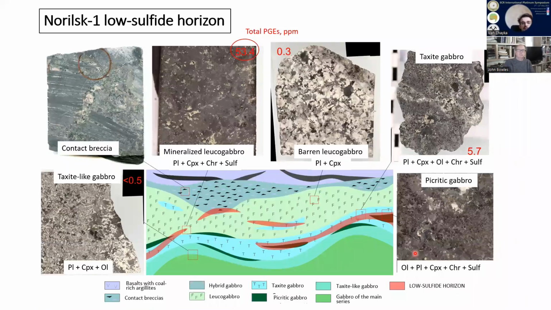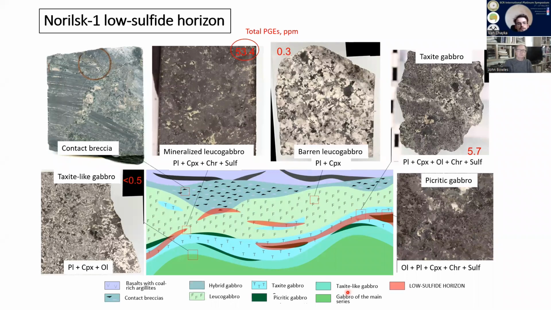Here is a more detailed scheme of the upper zone, which holds the low sulfide horizon, based on drilling and exploration data. The roof rocks are basalts interlaid with Carboniferous argillites and coals. Right below is the contact breccia and hybrid contact rocks, whose thickness may reach up to 20 meters. The next unit is leucogabbro, which transitions to so-called taxite gabbros, rocks with extremely heterogeneous texture and composition, which are rich in hydrous minerals and chrome spinel.